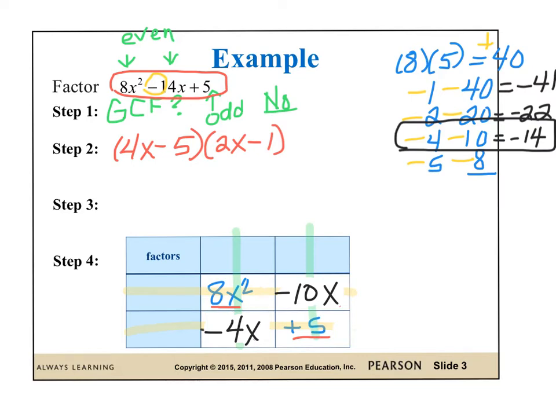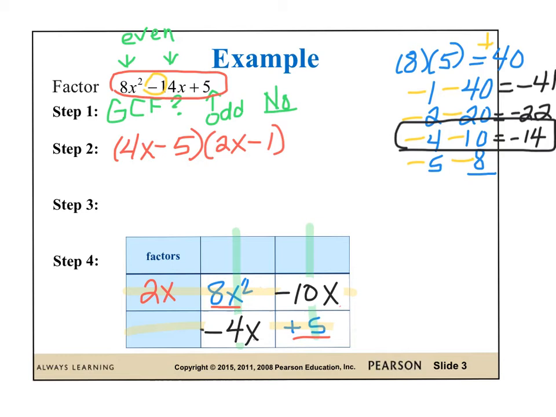And so the greatest common factor between 8x squared and 10x, well, 8 and 10 are both even, and so they can be divided by 2, and x appears in both of the two terms, so the common factor is x.